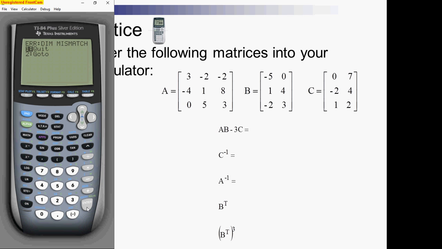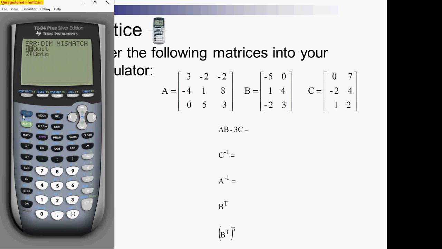What do you think dim stands for? Dimensions, that's right. So this is how the calculator is telling me, I can't multiply, silly.